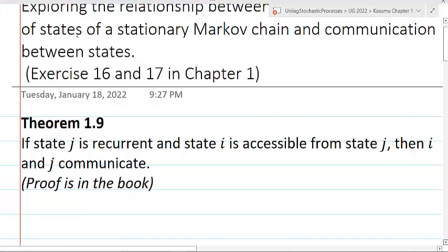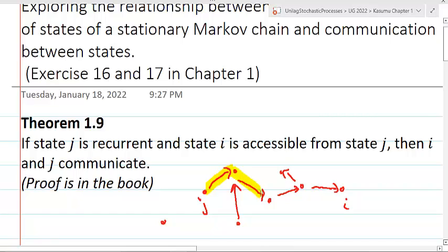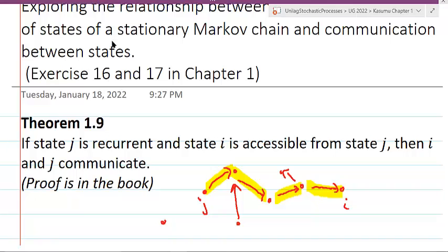So here I have state J, and you have many states in a Markov chain, and over here I have state I. If I is accessible from J, that means that if you draw the arrow diagram, there must be some path that links J to I. There must be some set of links that goes from J to I. So this is a case where J and I communicate. Of course, J can also go to itself, possibly.